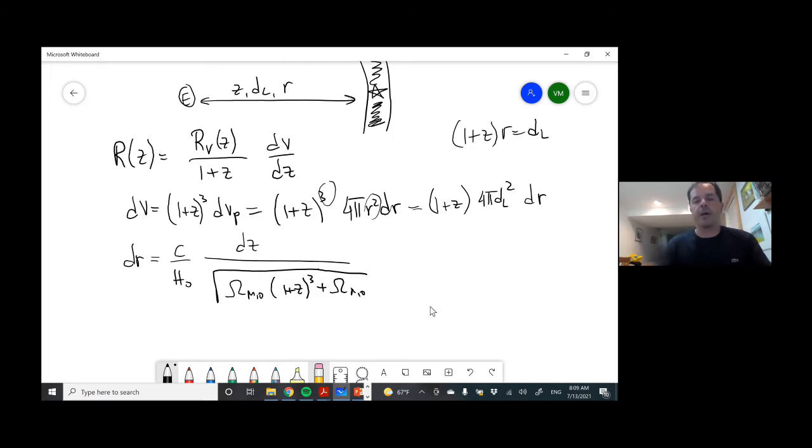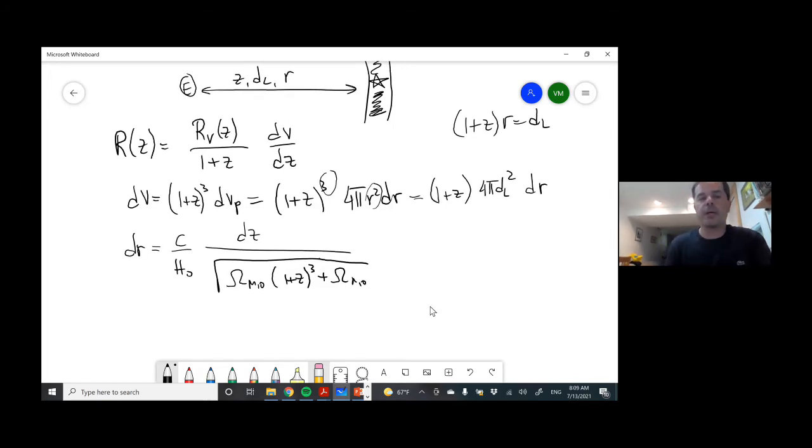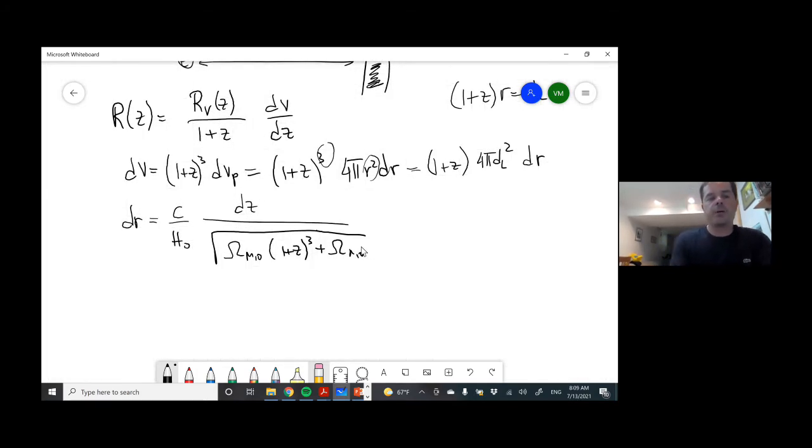So now we have all of these pieces that we can put together. If we want to calculate r of z now, we'll first have r v of z divided by 1 plus z, okay? And then we want to write dV/dz, which has several factors.